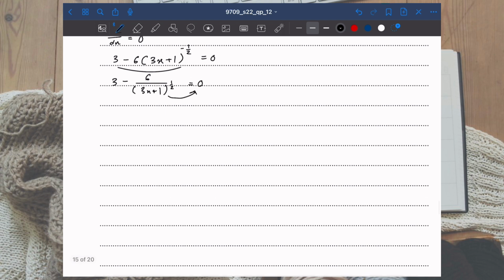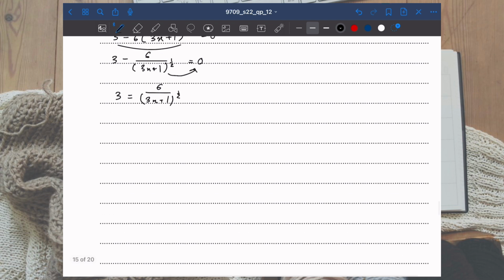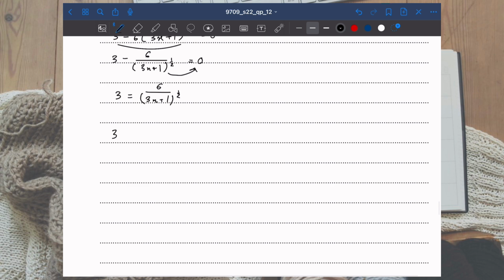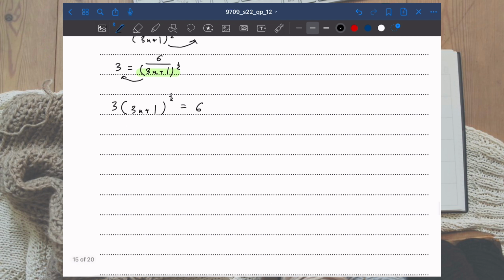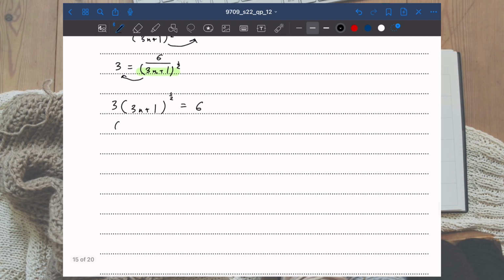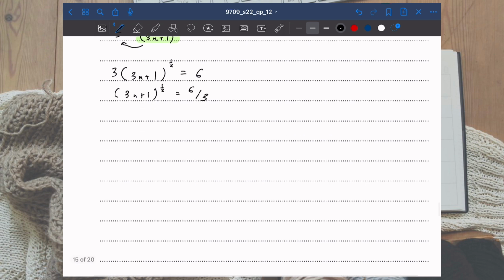So moving this term here, we get 3 equals 6 over (3x+1)^(1/2). Moving this part here, we get 3 times (3x+1)^(1/2) equals 6. And then (3x+1)^(1/2) will equal 6 over 3, which gives us 2.